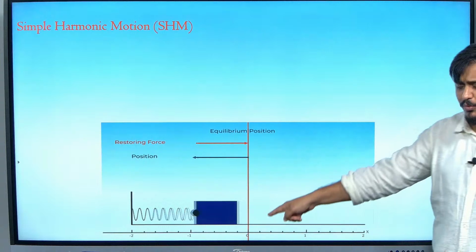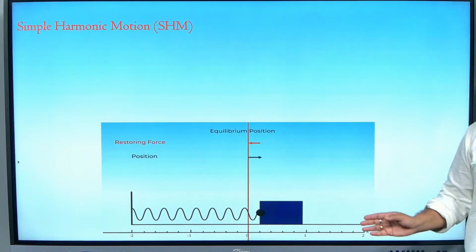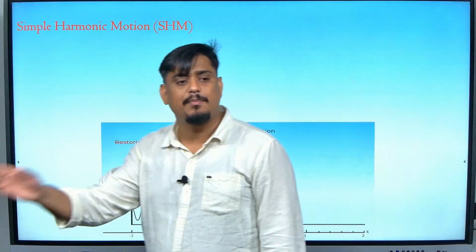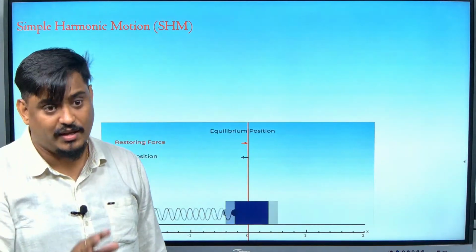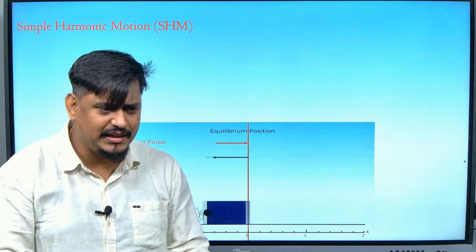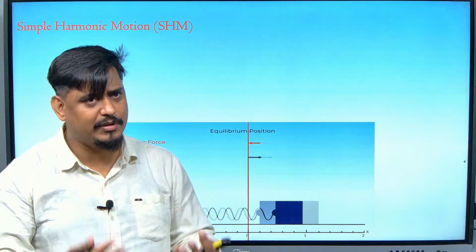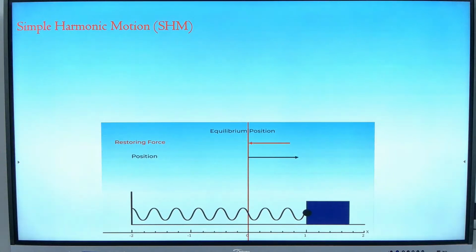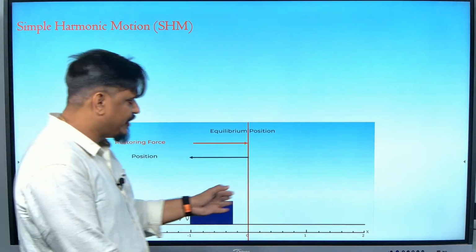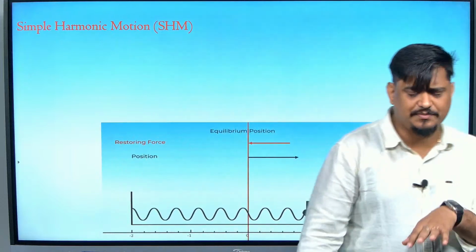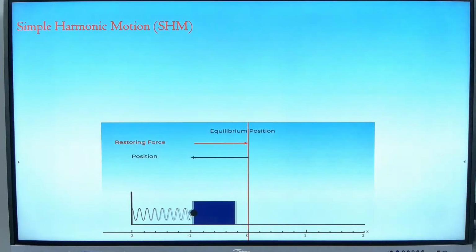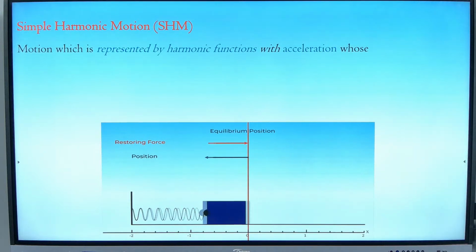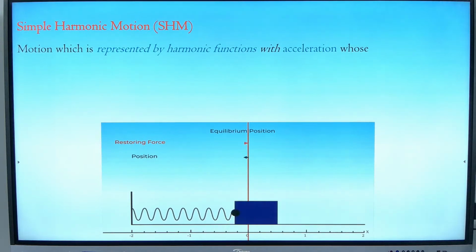It won't stop at the mean position, it will overshoot. If we consider a frictionless surface, then it will keep on oscillating forever, theoretically. Practically, loss of energy and friction will be there, and it will stop in some time. But theoretically, if it is a frictionless surface and there is no loss of energy, it can keep on oscillating.